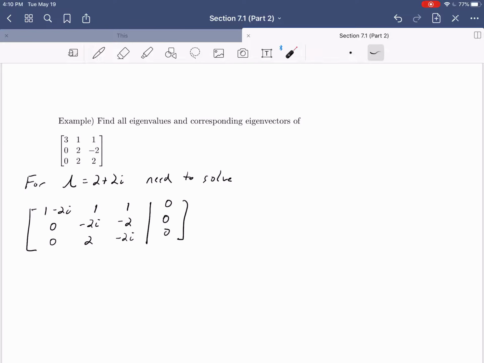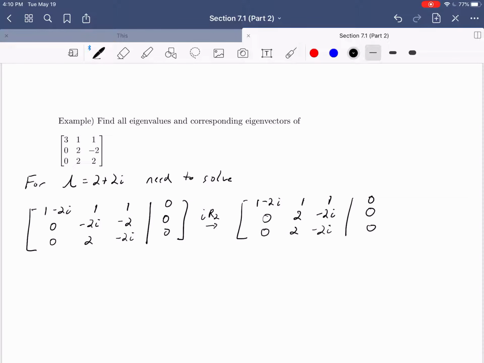So we'll do the same trick. We'll hit this second row with i, so we'll do i times row 2. Row 1 stays 1 minus 2i, 1, 1, 0. When we hit row 2 with i, it becomes 0, 2, minus 2i, 0, and then 0, 2, minus 2i, 0.